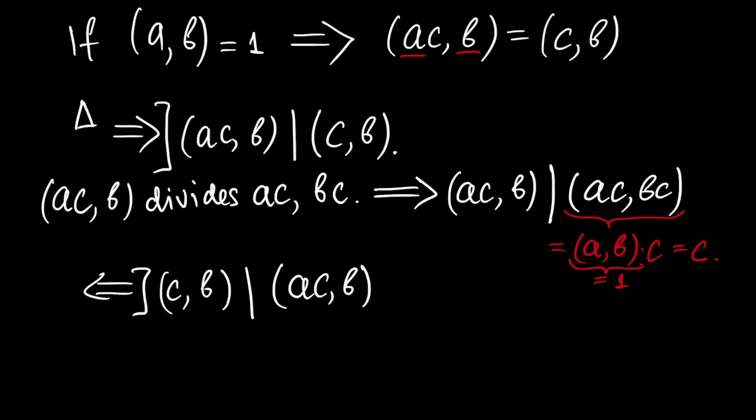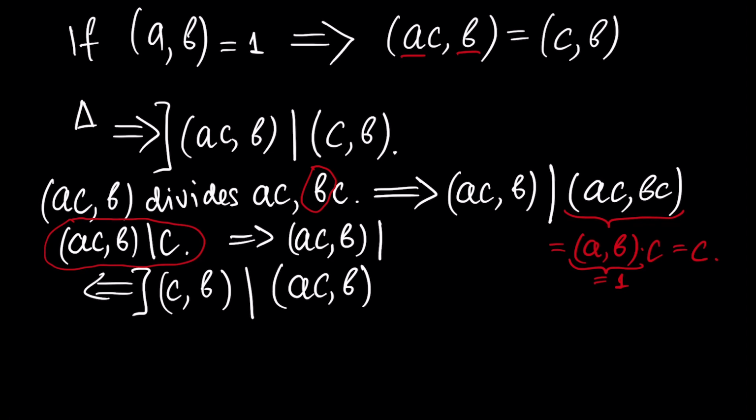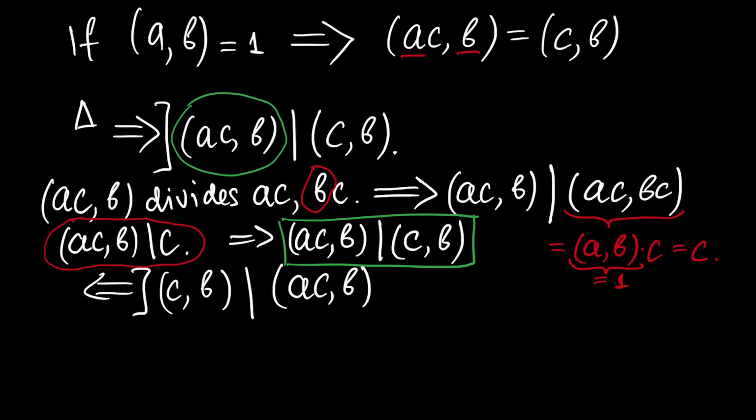That's why this is C. So in other words, the GCD of AC and B divides C. And we know by definition that it also divides B. And since it divides C and B, it also must divide the GCD of these two numbers, of C and B. So we proved our result to one side. That's why our number, GCD of AC and B, divides GCD of C and B.